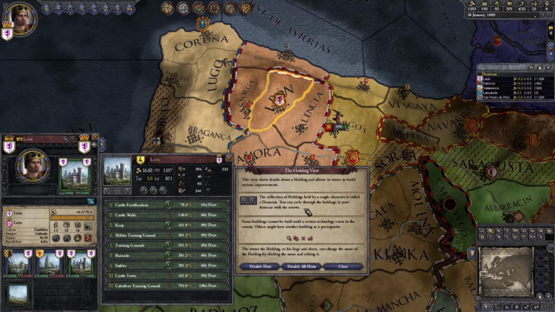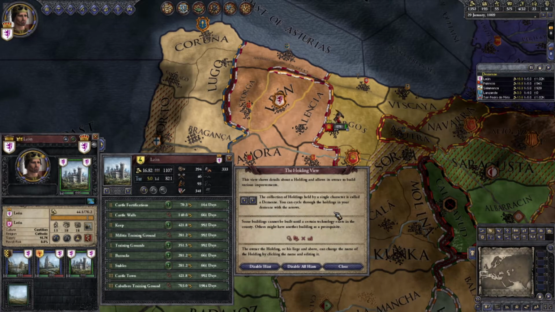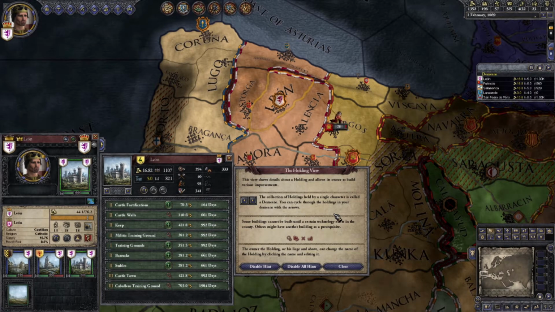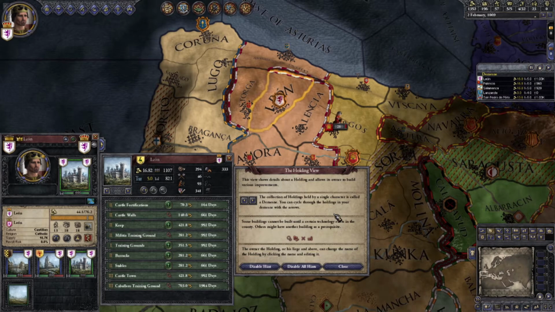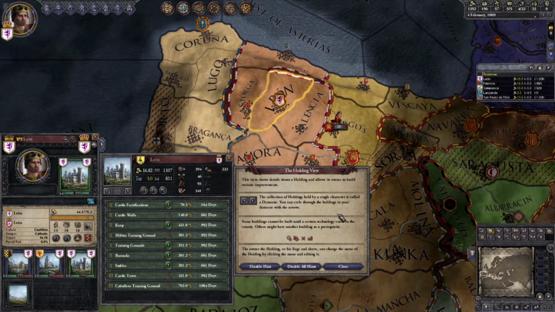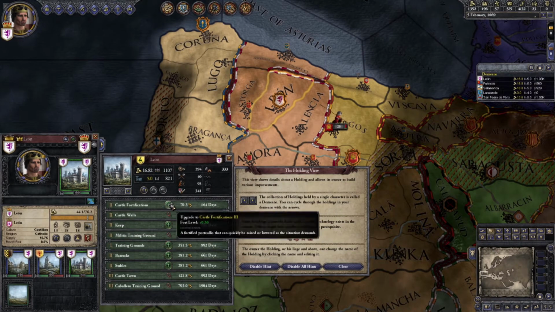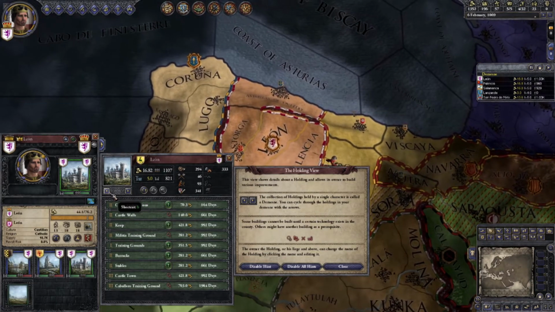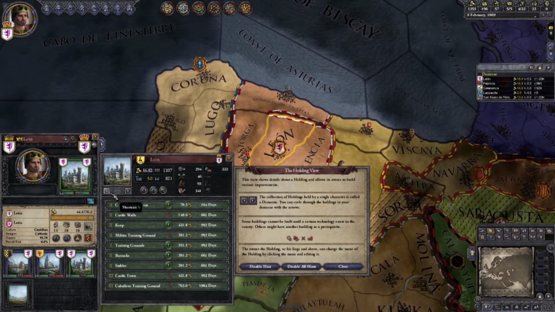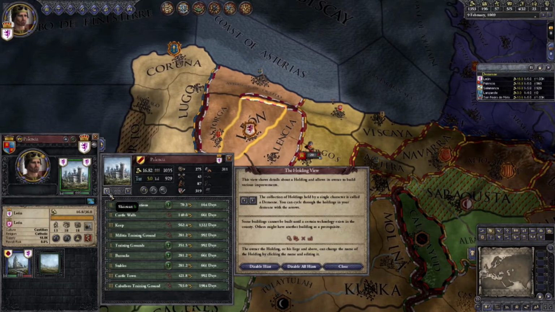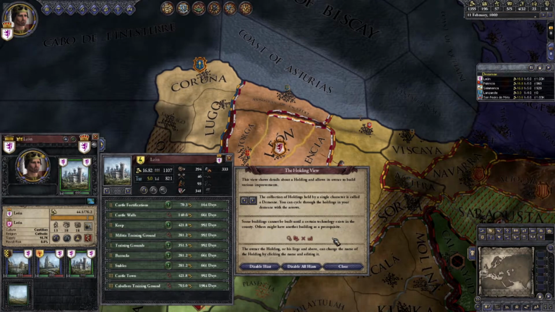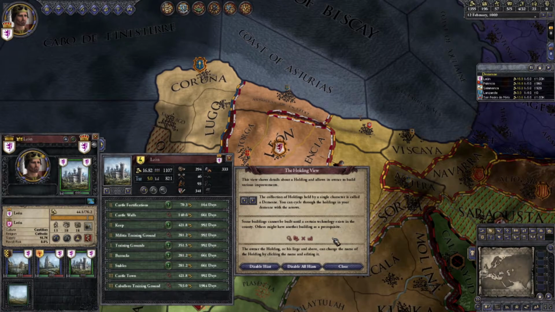Alright. This view shows details about a holding and allows its owner to build various improvements. The collection of holdings held by a single character is called a domain. You can cycle through the holdings in your domain with the arrows. So that's where that... Okay, so we hold all this stuff directly. Very cool. Some buildings cannot be built without a certain technology in the county.